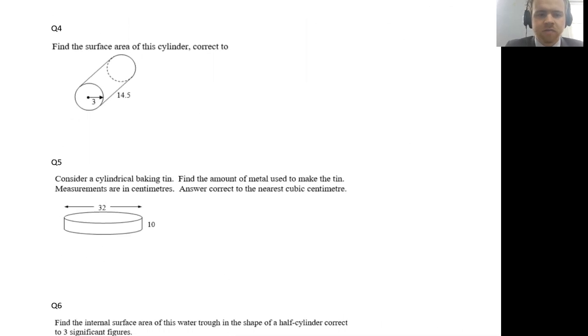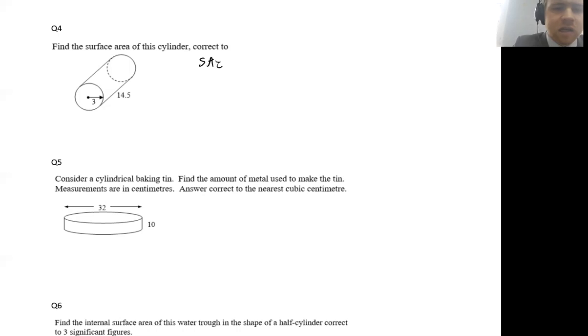Now, surface area of a cylinder. We need to use our surface area of a cylinder formula. So it's a closed cylinder in this case, which means both ends are solid. We're going to write our formula.